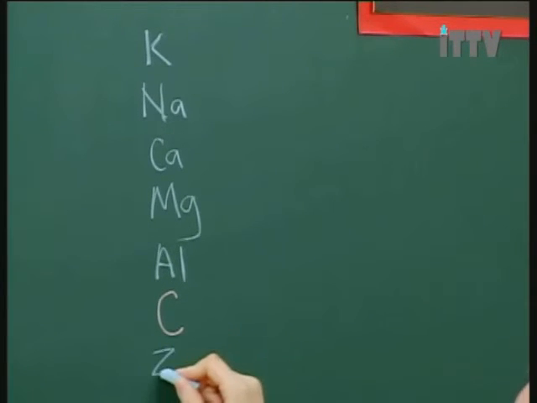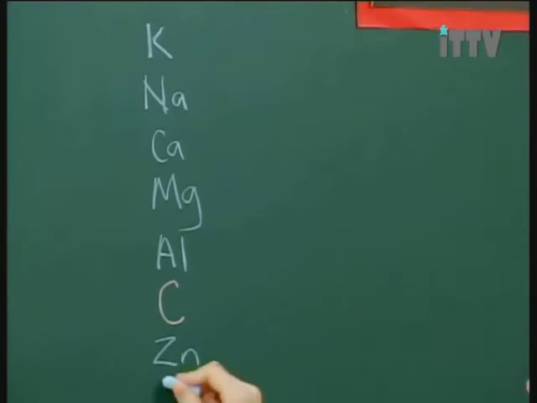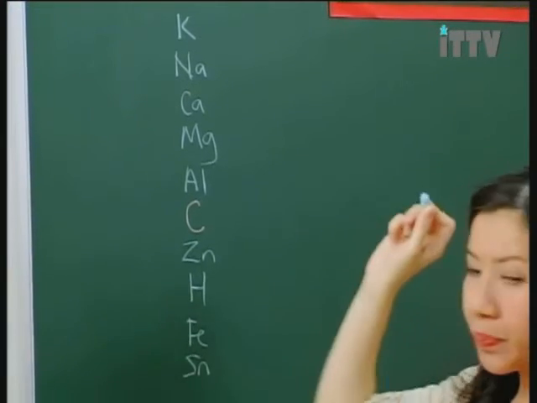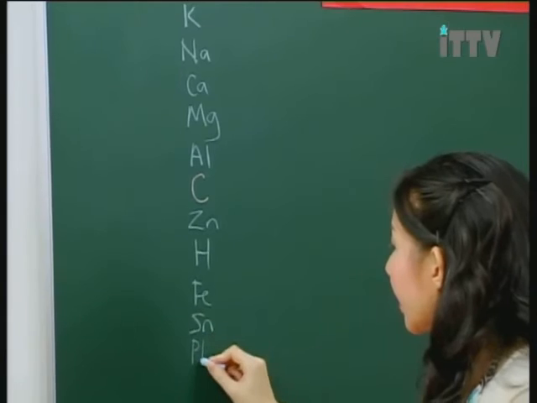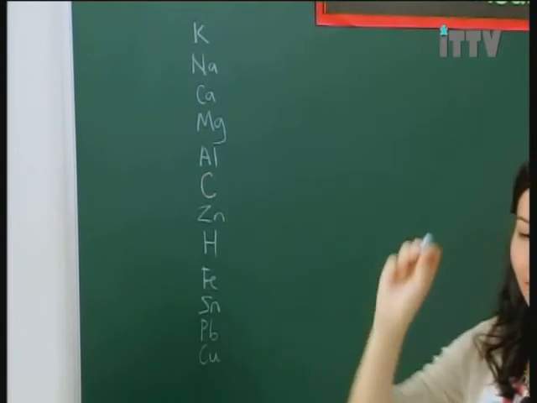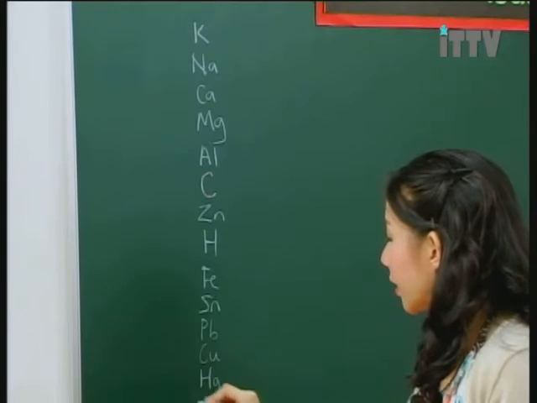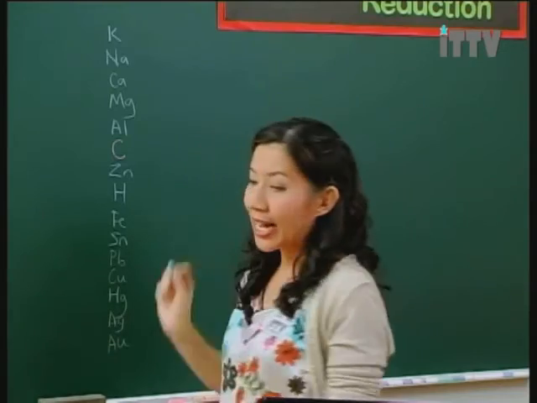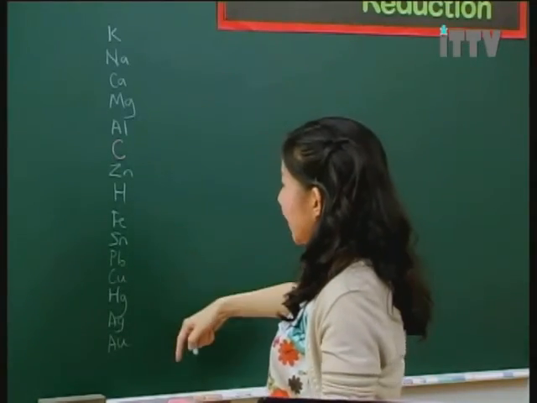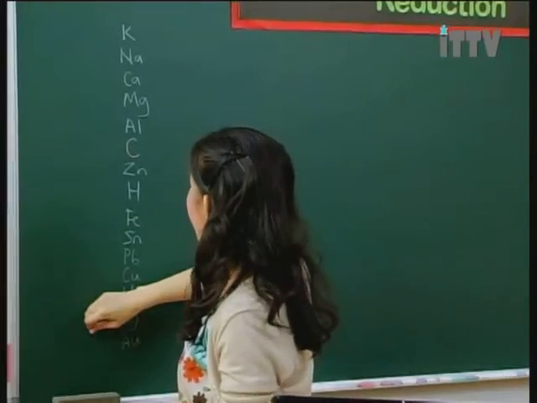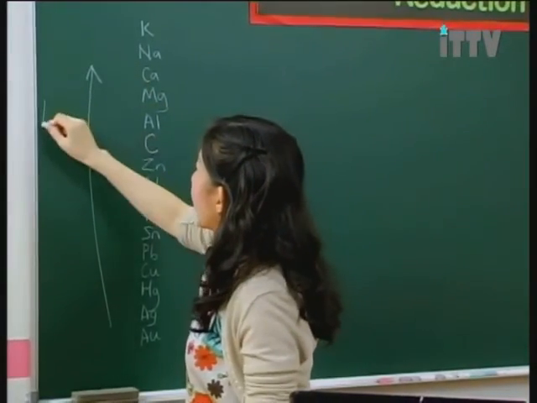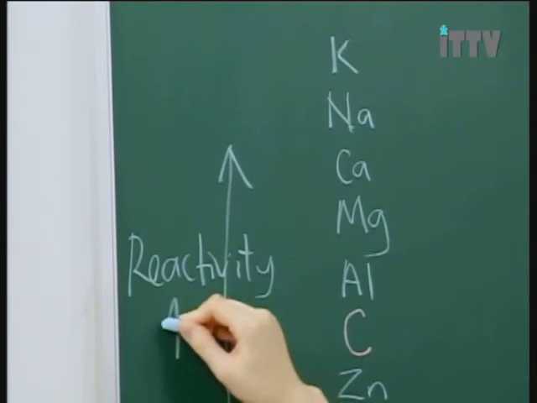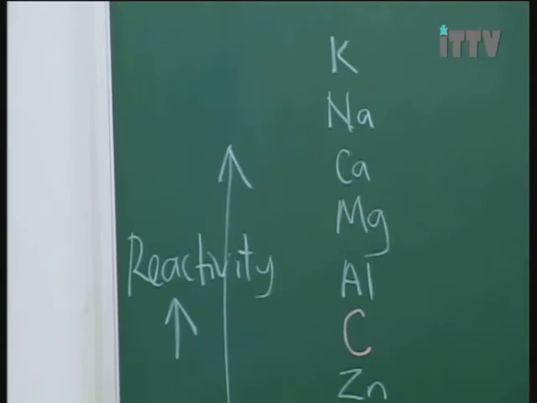Below carbon would be zinc, and you have hydrogen here, iron, stannum, we have lead, copper, mercury, silver, and lastly gold. So this is the reactivity series whereby as we move up, the reactivity increases.